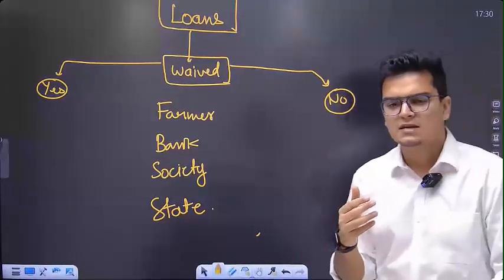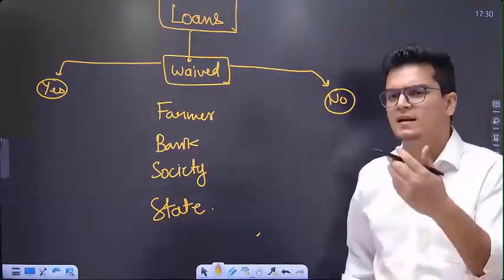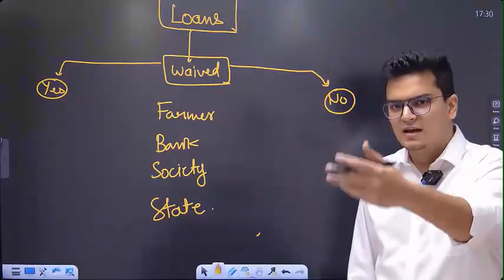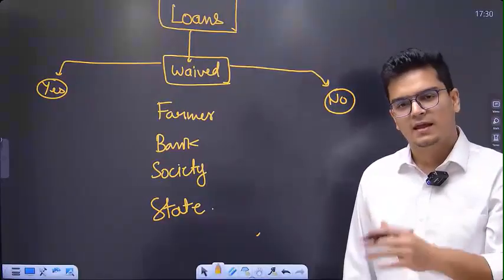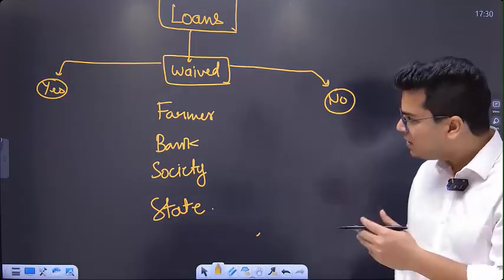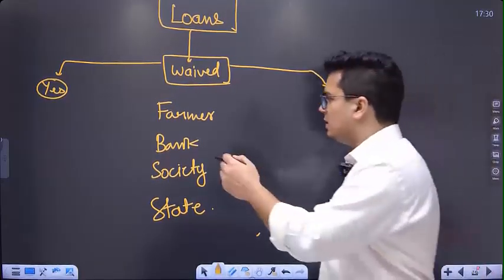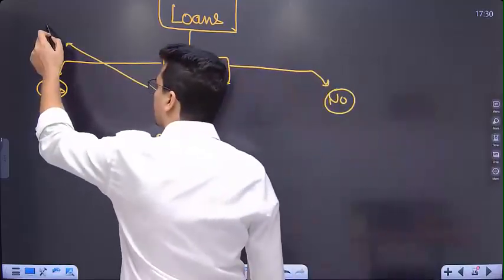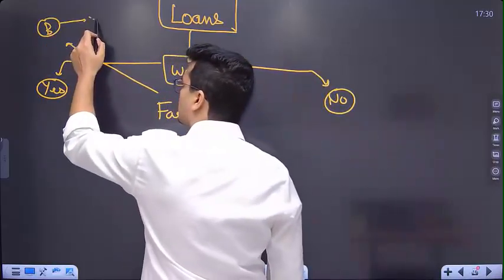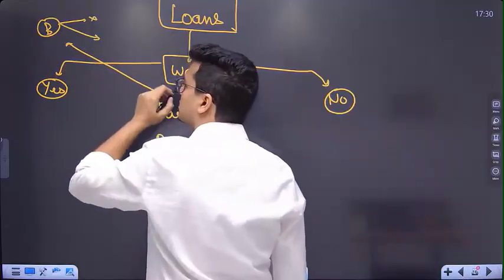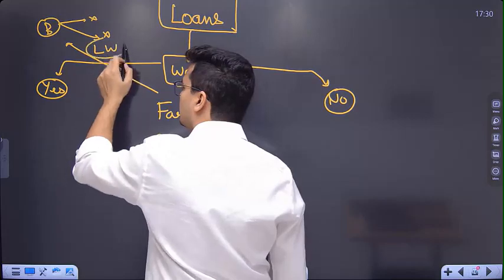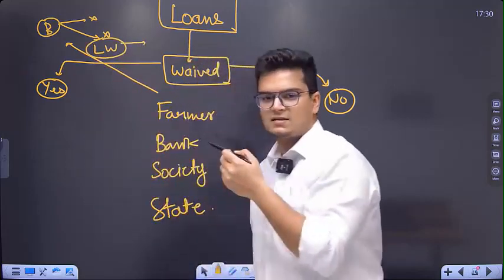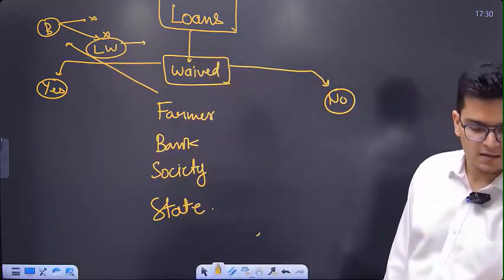See, farmers are in a vicious cycle of indebtedness. Every year they are in debt. So once you waive their loans off, they can have a fresh start. If a farmer has taken a loan from a bank and has not repaid it, in the future he will not get another loan, but if he gets a loan waiver, he will then have access to formal credit once again.